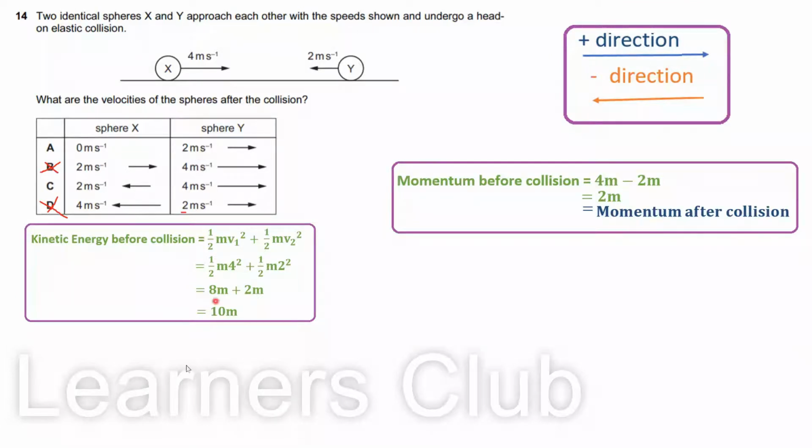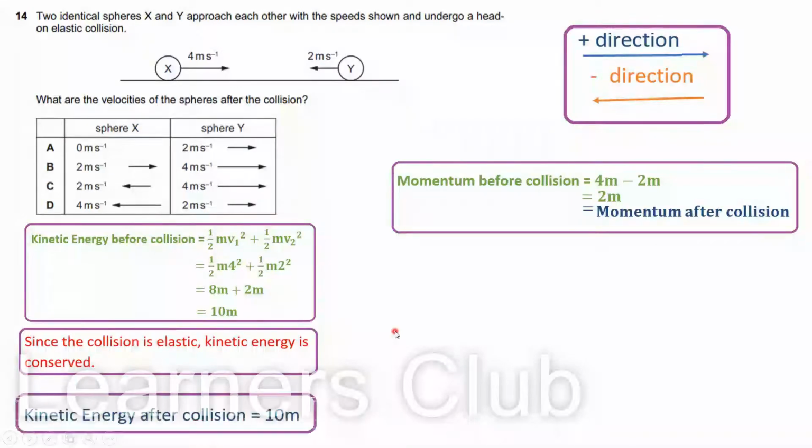Kinetic energy is not conserved, so this answer is wrong. So the only option is C, where the kinetic energy is half m 2 square plus half m 4 square. That gives me 10m. m stands for the mass of the identical spheres. So the option is C.